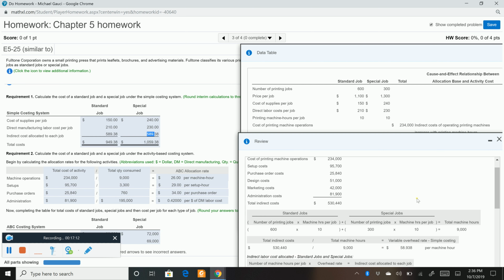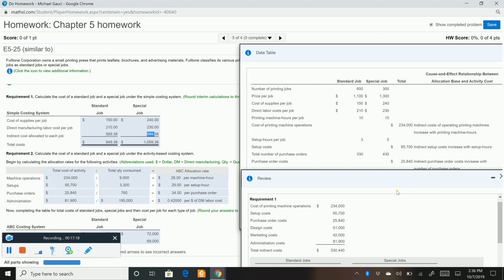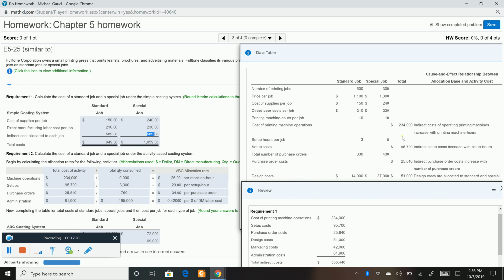And so the author has also given to us in the data table, a little bit further down here, all of our indirect costs. As an example, cost of printing, $234,000, setup costs, $95,700, purchase order cost, $25,840.